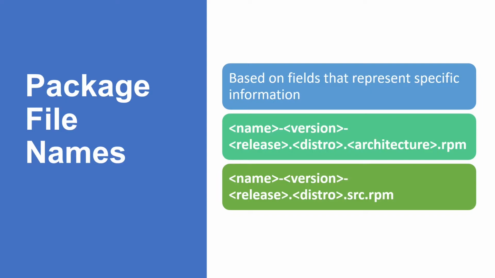The standard naming format for a source RPM package is name, version, release.distro.source.rpm. Note that a distro field often actually specifies the repository that the package came from, as a given installation may use a number of different package repositories, as we shall discuss when we discuss DNF, Yum, and Zypper, which work at a level above RPM.